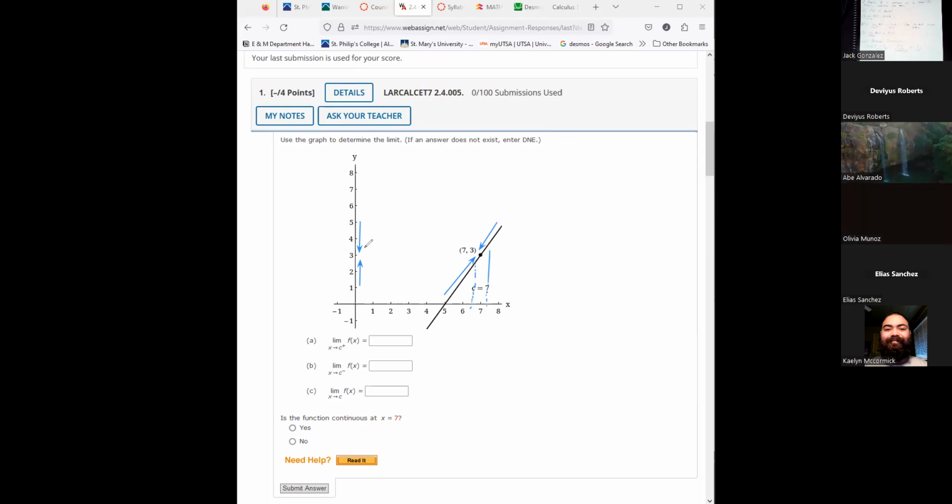That makes sense. So from the right and the left, they're both going to be 3, right? Yeah. And if they're both the same, what does that mean? It means the limit exists. So the limit is going to be 3.